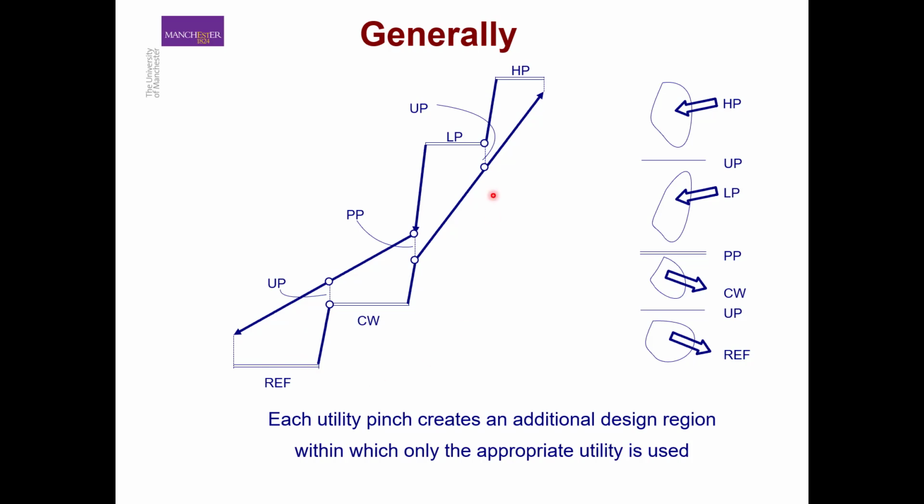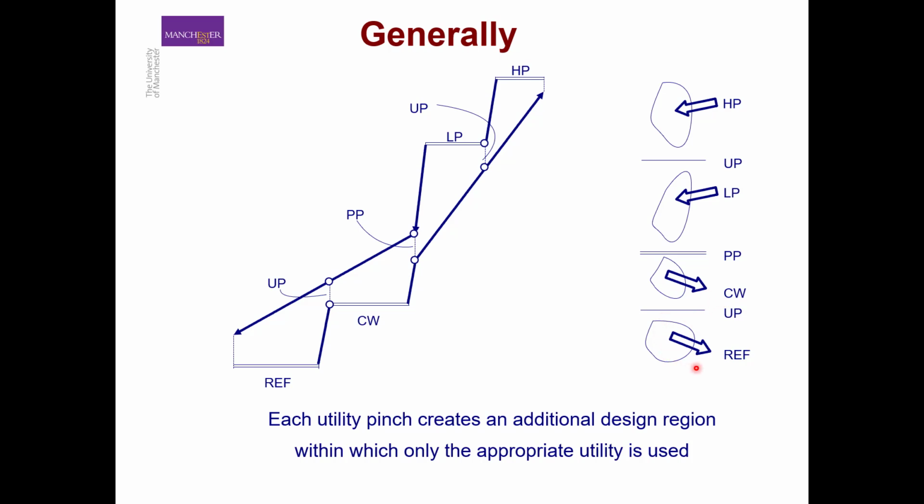So we have four design regions. In the first region, above the first utility pinch, we only need HP steam as the external hot utility. Then in the region between the first utility pinch and the process pinch, we use LP steam as our second utility. The third design region is between the process pinch and the second utility pinch, and here we use cooling water as the first cold utility.